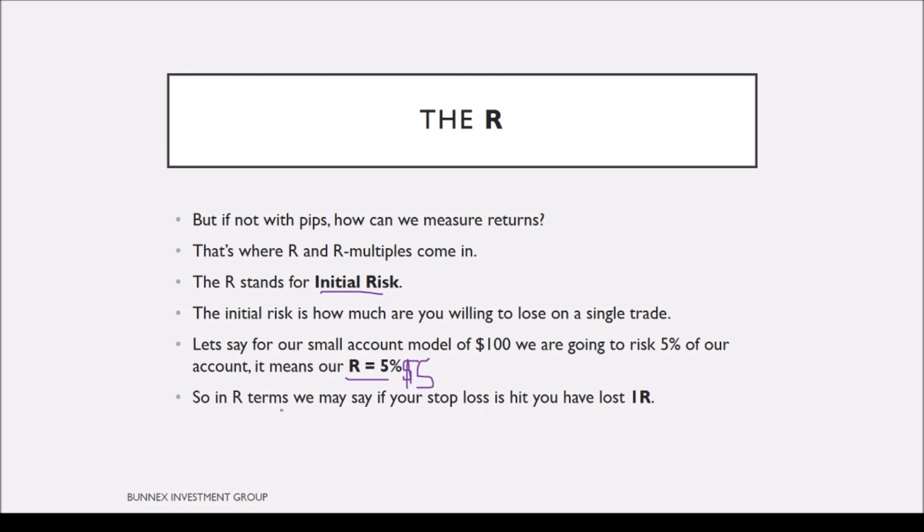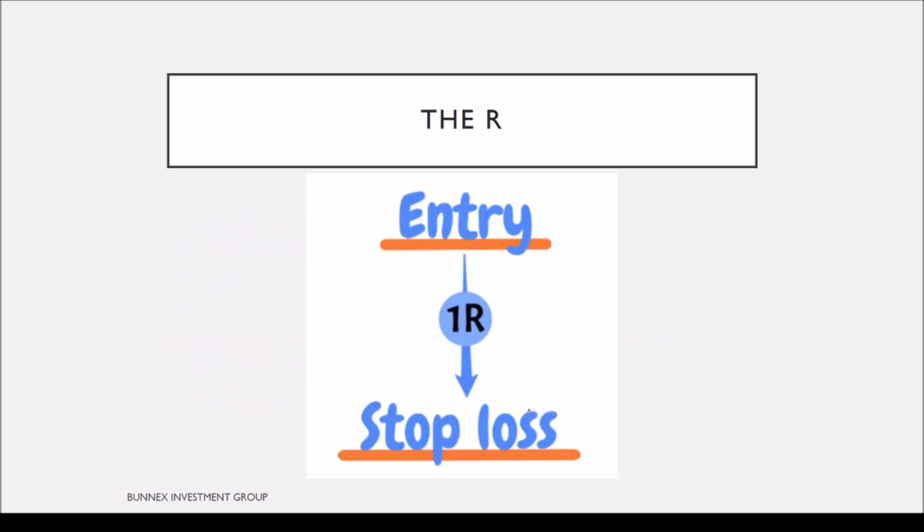So in our terms, we may say if our stop loss is hit, you have lost 1 R, and if your take profit is hit, you have won at least 2 R, 3 R, 4 R, 5 R, depending on your reward to risk ratio. What we are trying to say is the R is the amount of risk between your entry and your stop loss, and your target should be at least multiplied by 2 this value.